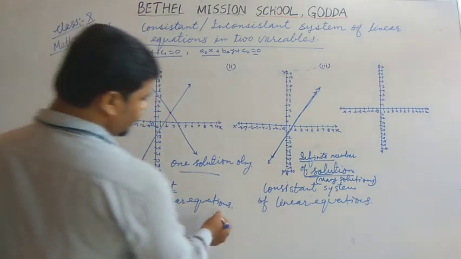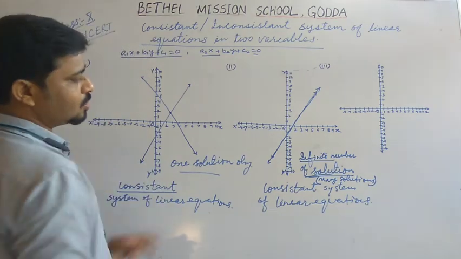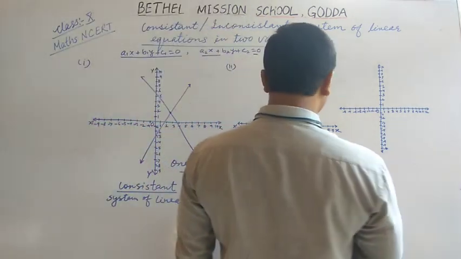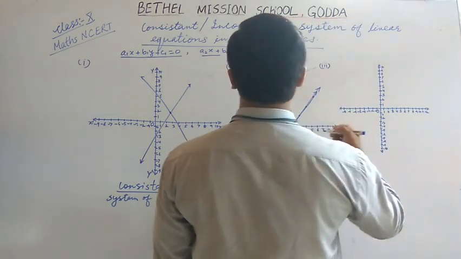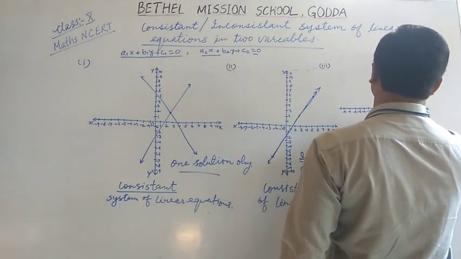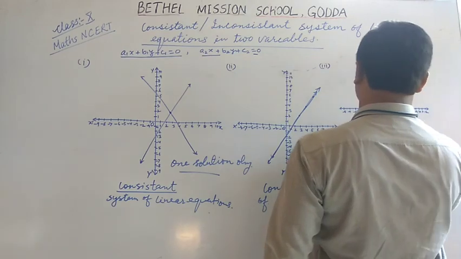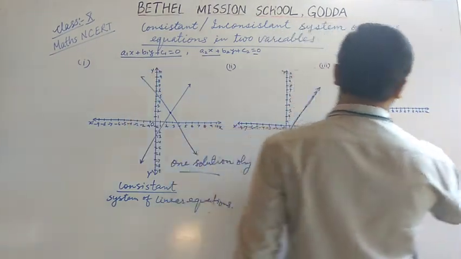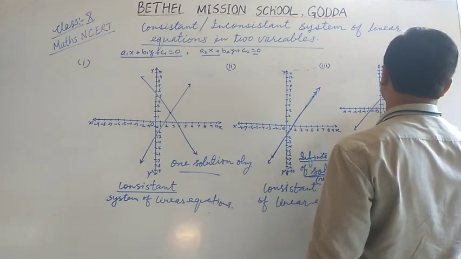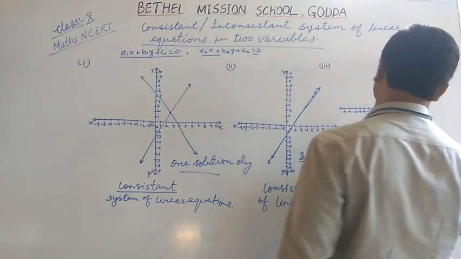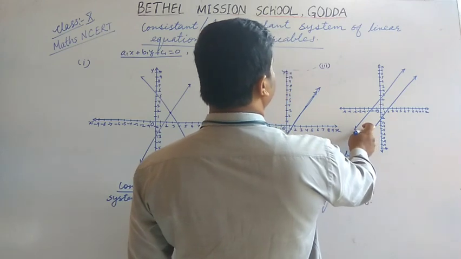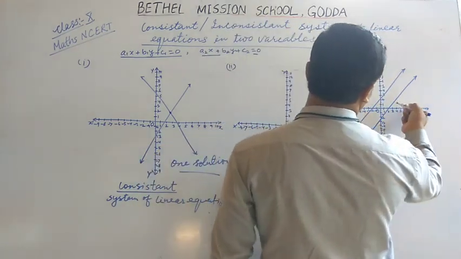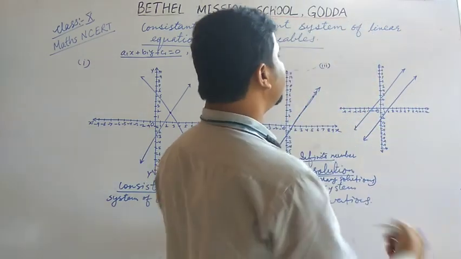So if there are solutions, that is called a consistent system of linear equations. The third case: if you have drawn the graph of this equation, a line of this equation, and another line is just parallel to the first one, then they do not intersect at any point.